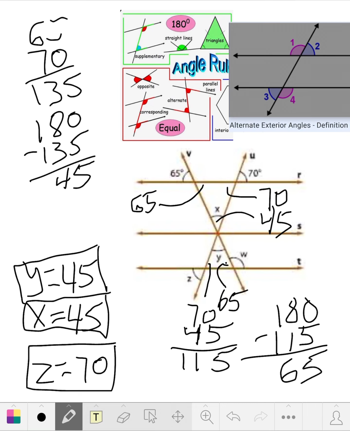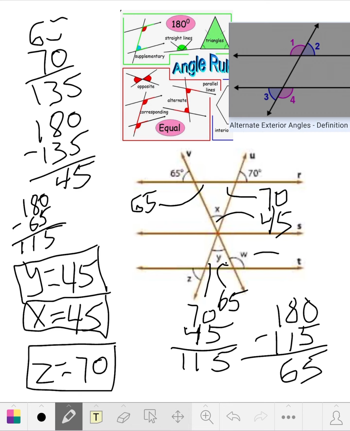Then we know the 180 rule for a straight line, so we have 180 minus 65 is 115.